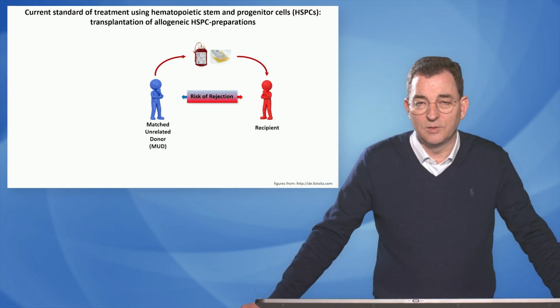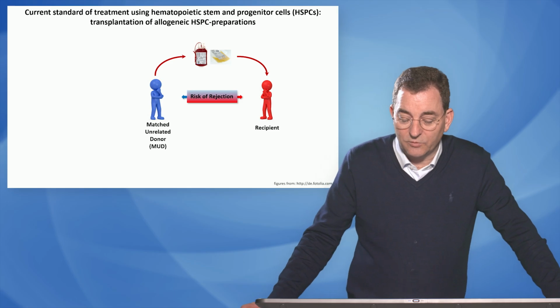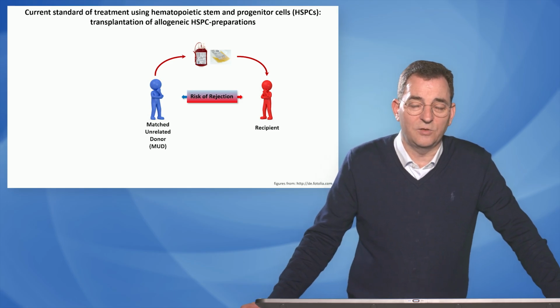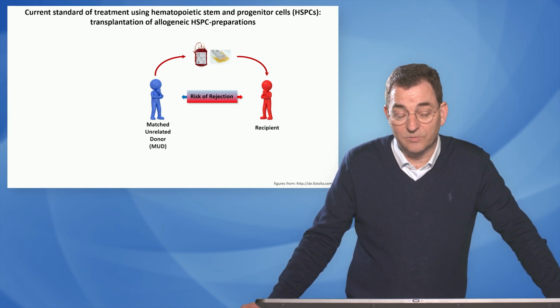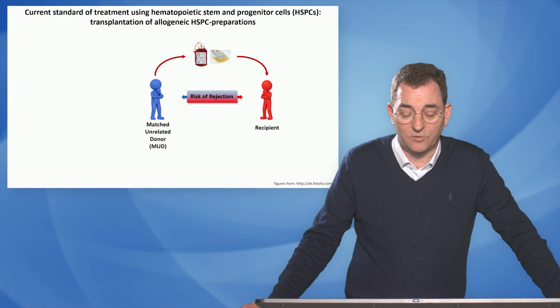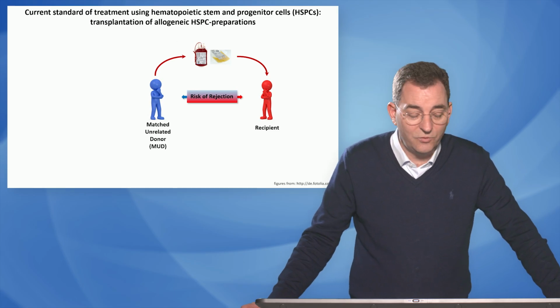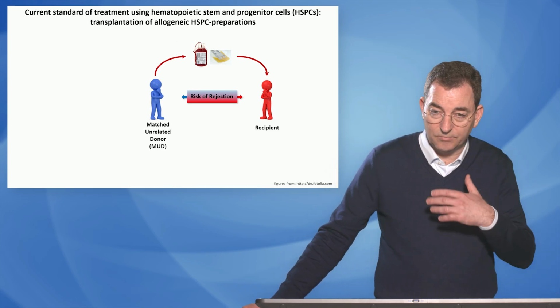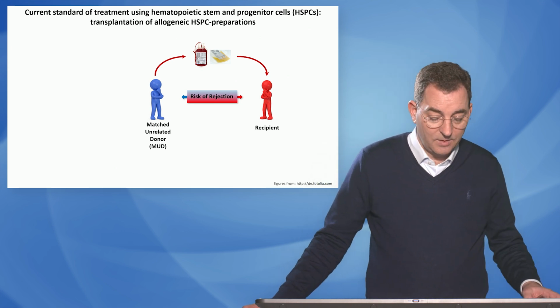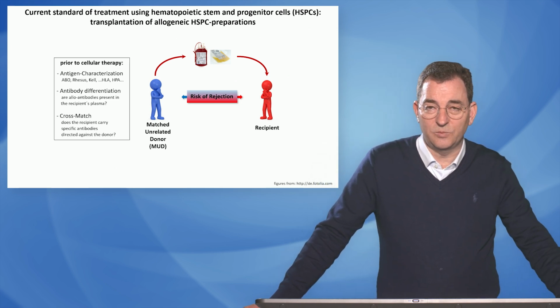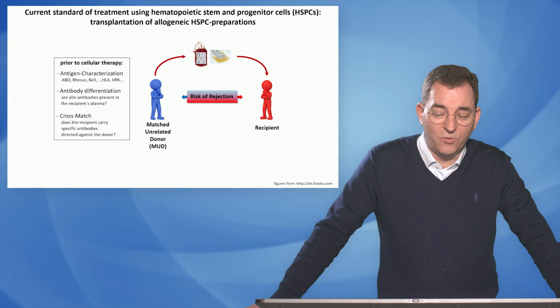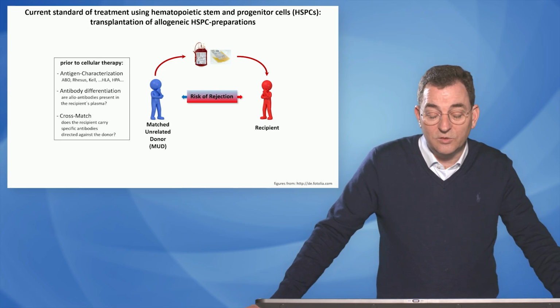The immune system, in both directions, recognizes the organism as being foreign and starts to reject it. For that reason, in clinical routine we have to do a lot of investigations, a lot of tests, before we transplant such cells or use them for cell therapy.